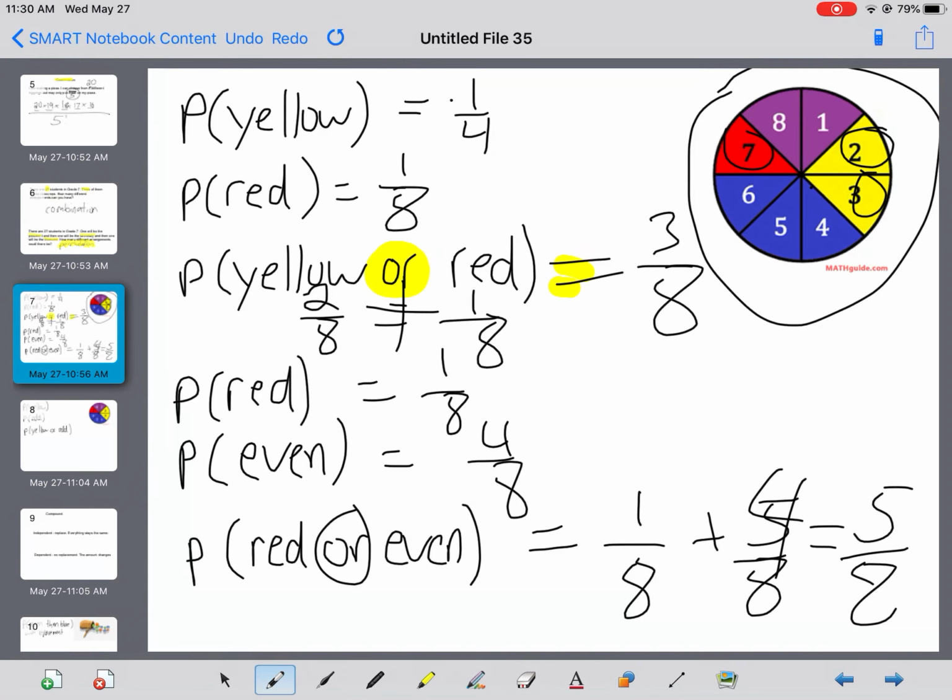Okay. So you could think about maybe you're playing a game at the bazaar and you have to spin the spinner and you're told you'll get a prize if you land on a red or an even. You have a pretty good chance, 5 out of 8, of getting a prize, which is better than just saying you only get a prize if you land on red. It's kind of like the cakewalk at the bazaar, right? You get a prize if they pull your number.